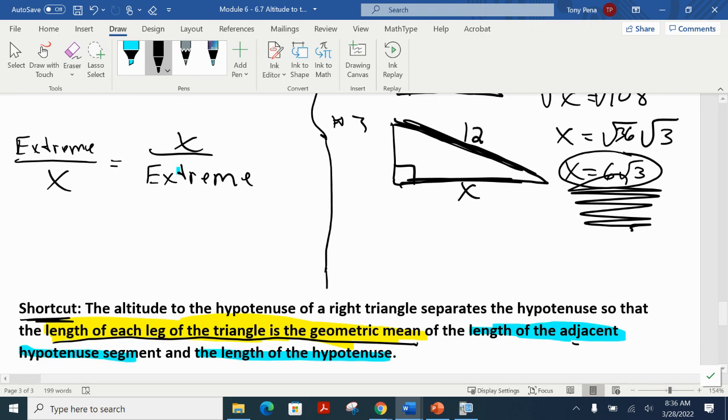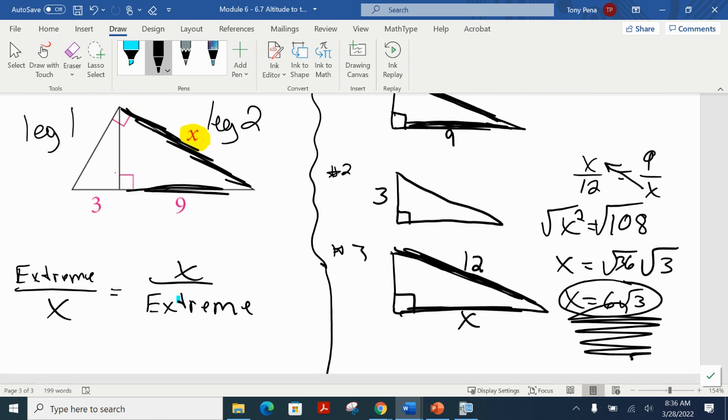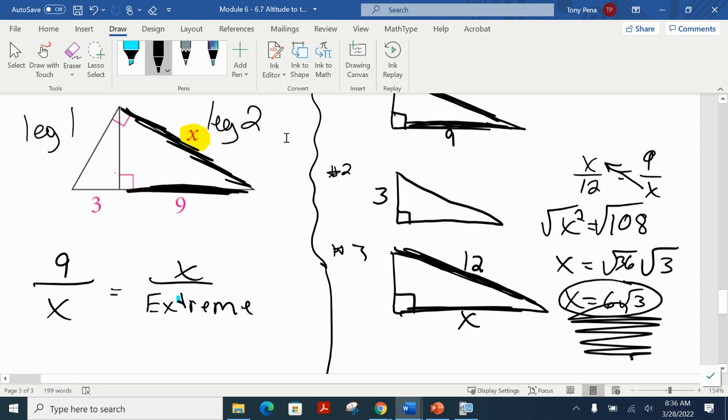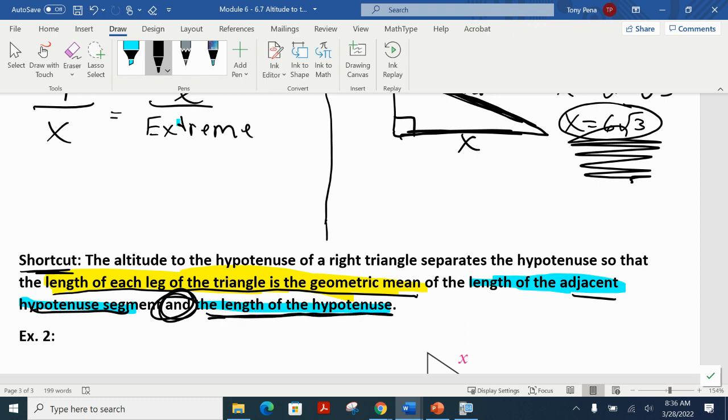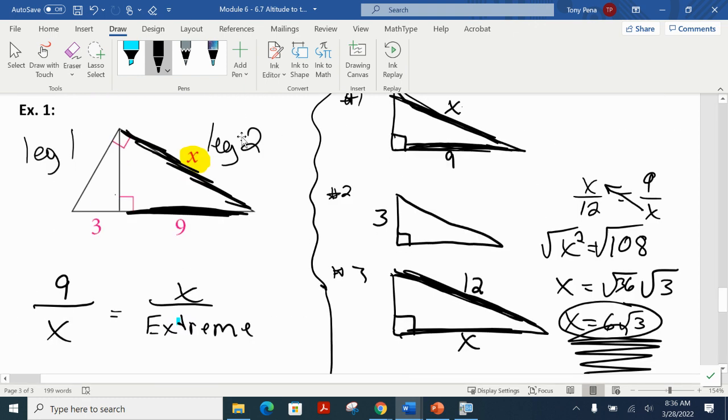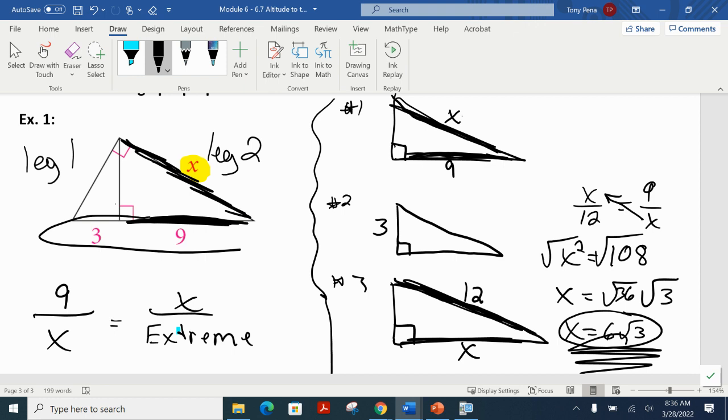So when it says the adjacent hypotenuse segment, this is the adjacent hypotenuse segment. So I'm going to put 9 here. And then the second part of that is the length of the overall hypotenuse. So if we then compare that to the length of this overall hypotenuse, isn't the length of the overall hypotenuse a 12?